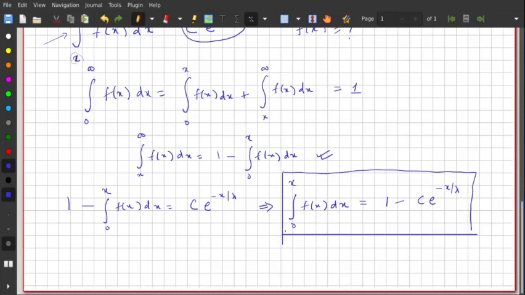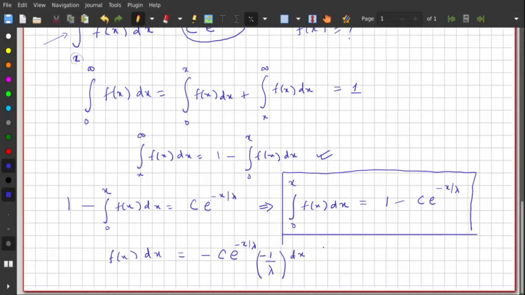Okay, so this will become f(x) dx equals, take the derivative with respect to x, so this will become minus c, derivative of exponential is exponential itself, e to the minus x over lambda, times the derivative of the exponent, which is minus 1 over lambda, dx.